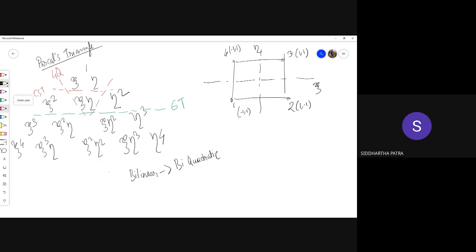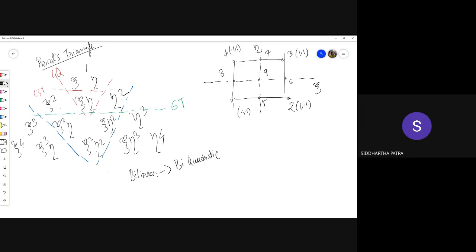For that I need this set of terms in my shape function, and there are a total of 9 such terms: 1, 2, 3, 4, 5, 6, 7, 8, 9. So how will the nodes appear? This is the 5th node, this is the 6th node, this is the 7th node, this is the 8th node, and this is the 9th node.